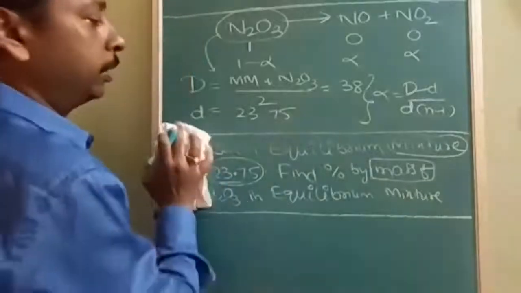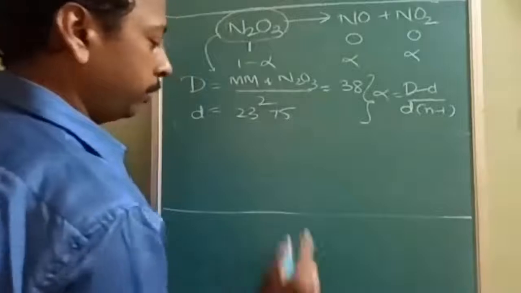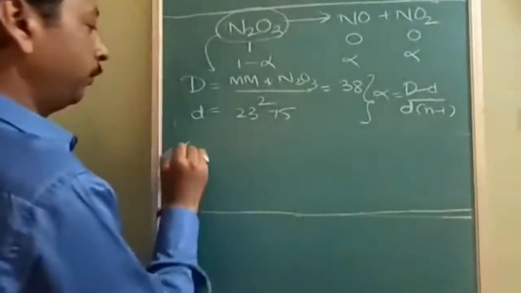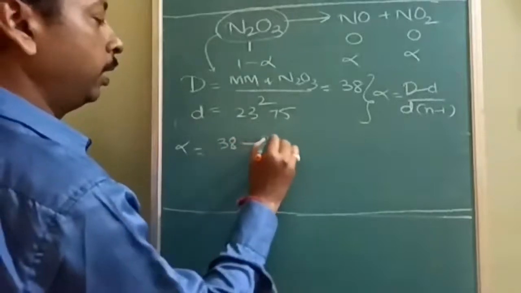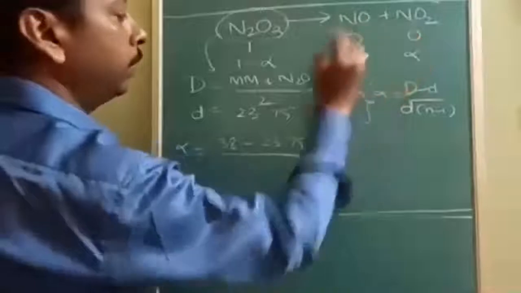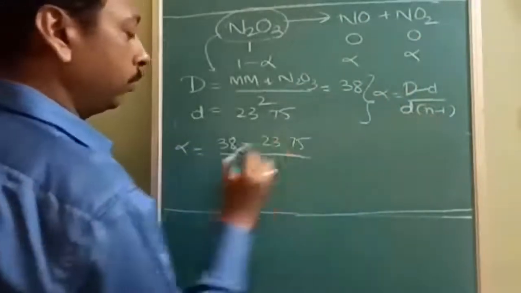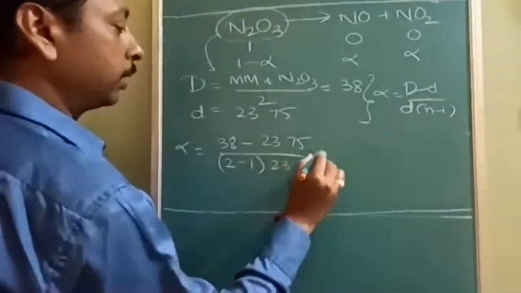Now substituting: alpha is equal to capital D, which is 38, minus small d, which is 23.75. Each mole is dissociating into 2, so n is equal to 2, minus 1, and small d is again 23.75.